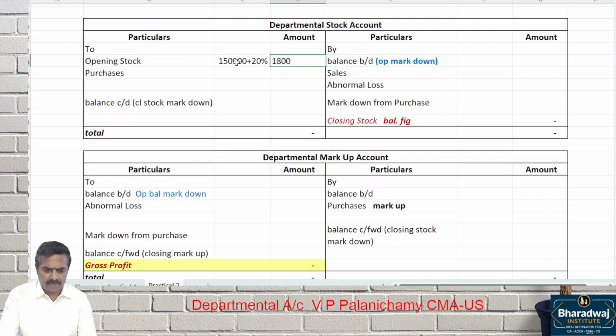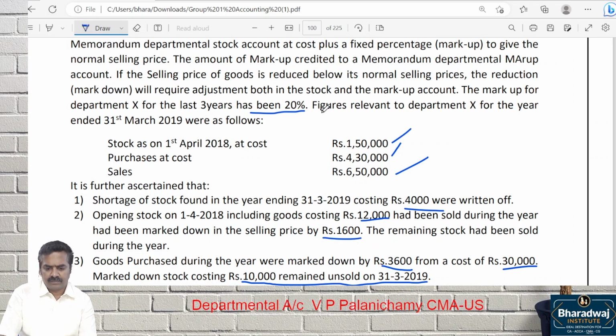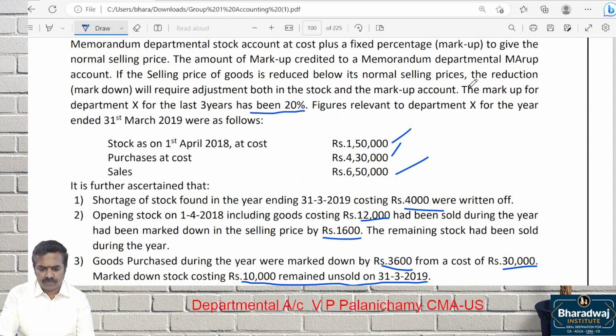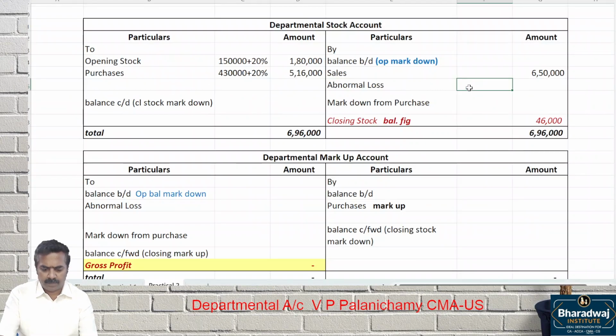Tell me. Purchases 4,30,560. 5 lakh. Then sales, how much is there? 6 lakh. Abnormal loss 4,000. 4,000 plus 20%.